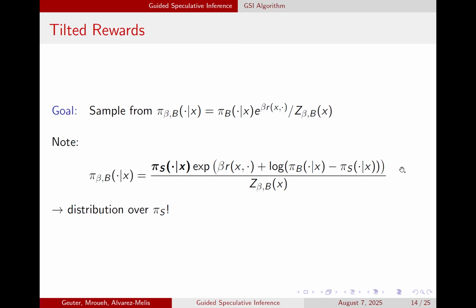Similar to how, for normal softmax best-of-n sampling, you can get arbitrarily close to the tilted distribution if you increase n, we can also show that if we do this and increase n, we again get arbitrarily close to this tilted distribution. Are there any questions about this?